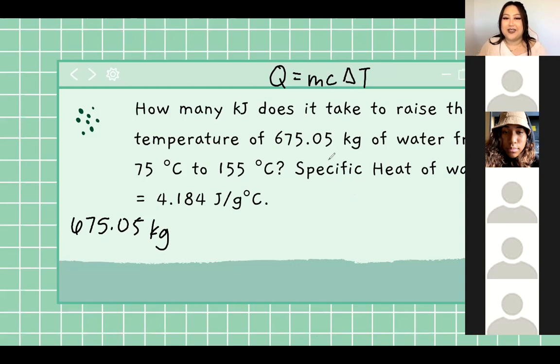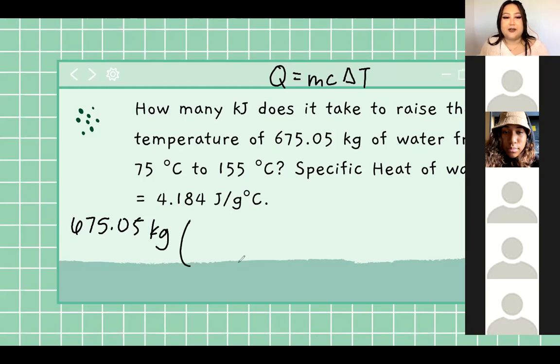One step. Okay, so before we can multiply this by the specific heat and the delta T, do you notice anything about the units? Yeah, so we'd have to convert kilograms into grams first before we can actually put it into the equation.